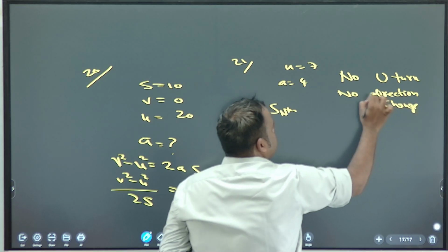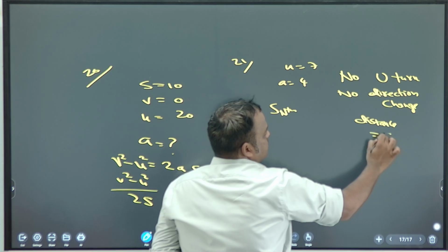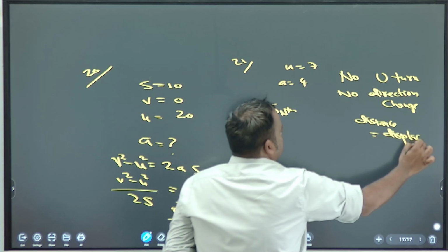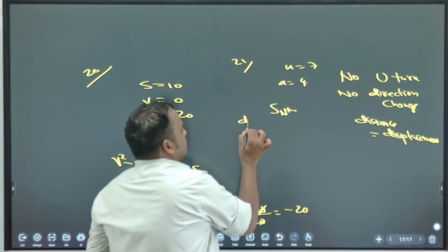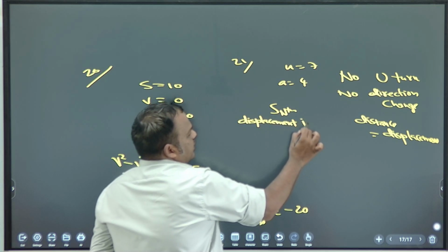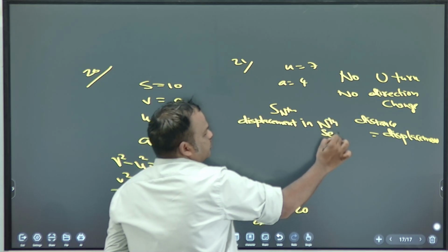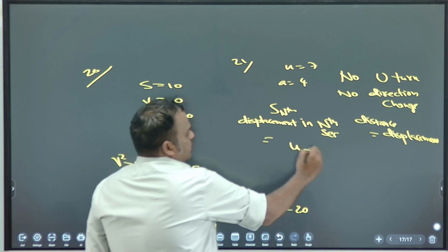So distance and displacement are the same. Remember, ascent means displacement in the nth second. What is the formula?